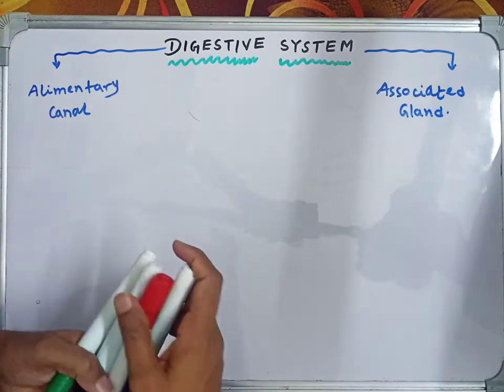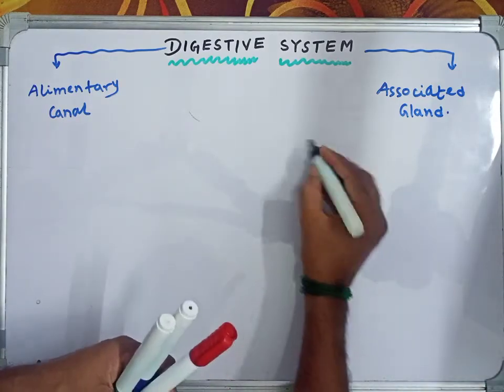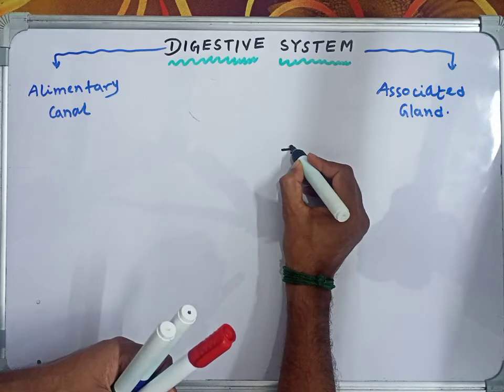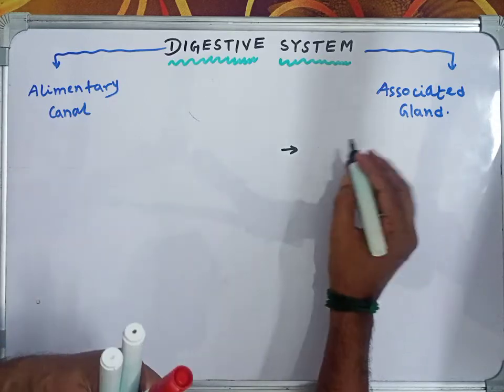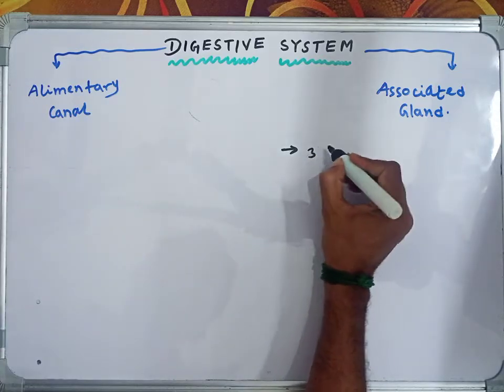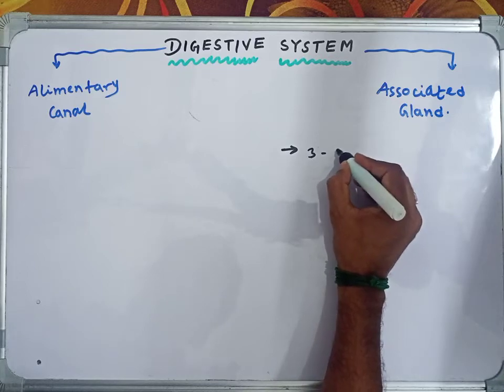And inside these associated glands, first of all, just an introductory part about associated glands, there is the presence of three pairs of salivary glands in our mouth, right?